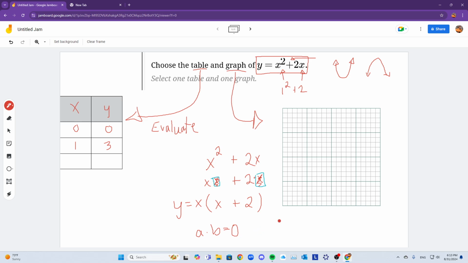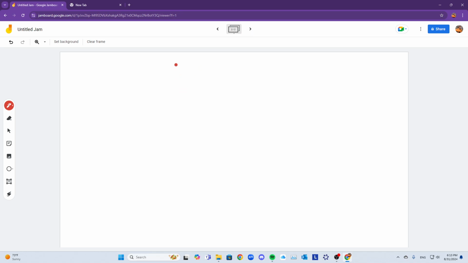Now, let me explain that in a bit. Let me just go over it real quick. A times b equals 0. Let me talk about why this is so important. But before I talk about why it's so important, let me talk about other things that are not important. For example, a times b equals 2. Why is this not important? I say this is not important because there are infinitely many ways to get a times b equals 2.